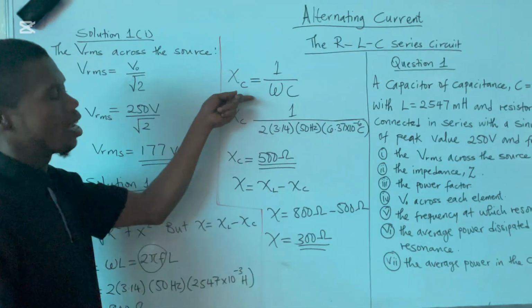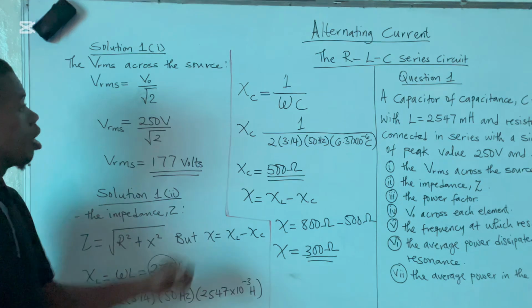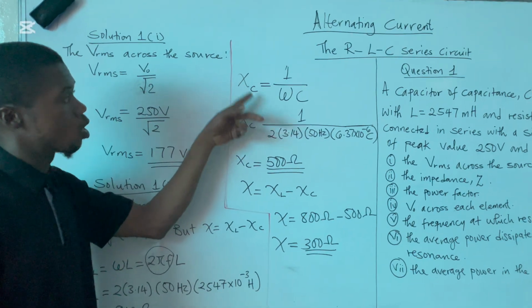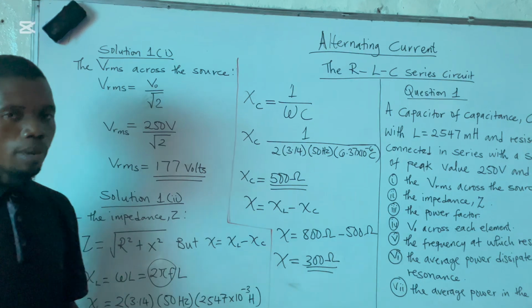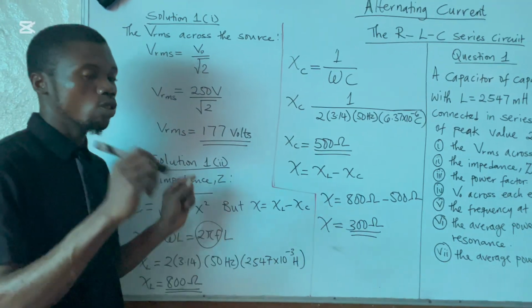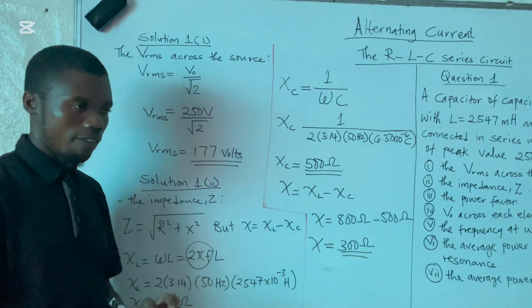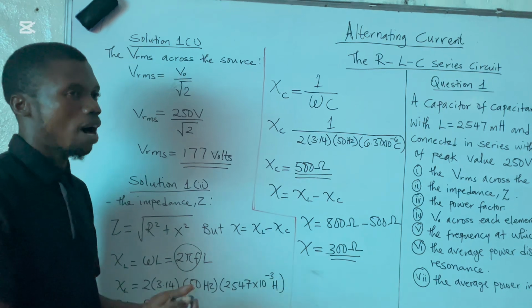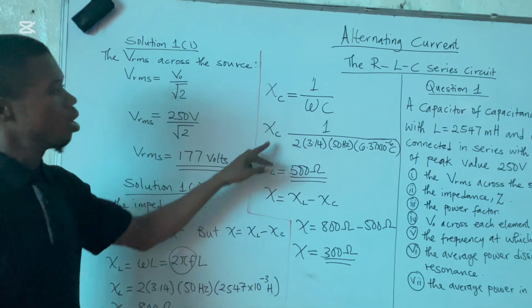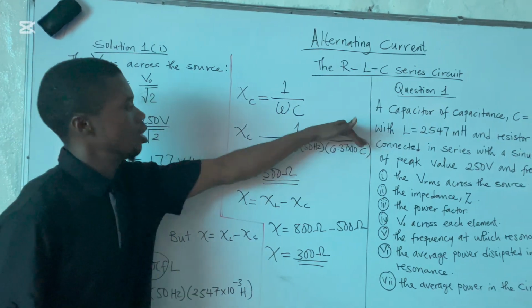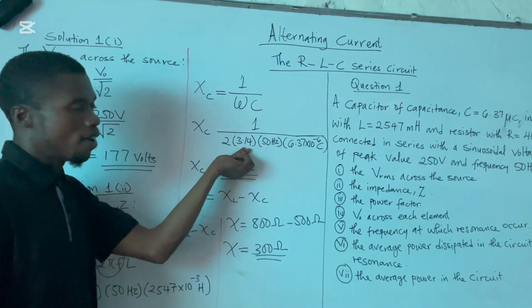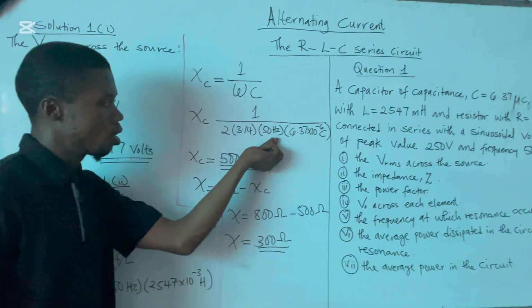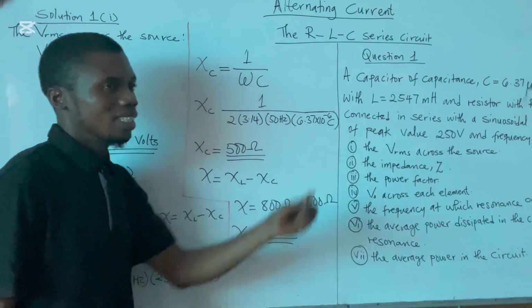Then we find the capacitive reactance. The capacitive reactance is equal to 1 over omega multiplied by the capacitance. Remember, omega is equal to 2 pi F, that is 2 times pi times the frequency. So we have 1 all over 2, pi value is 3.14, the frequency and the capacitance.